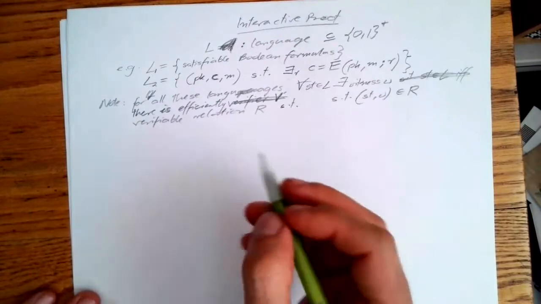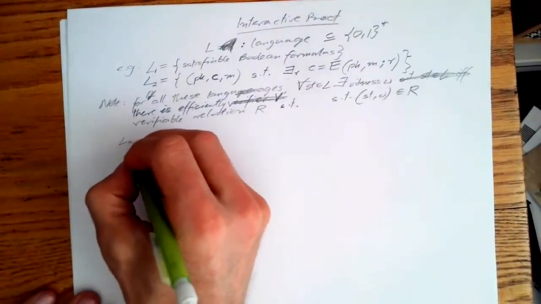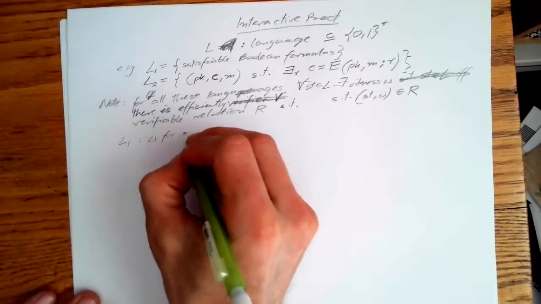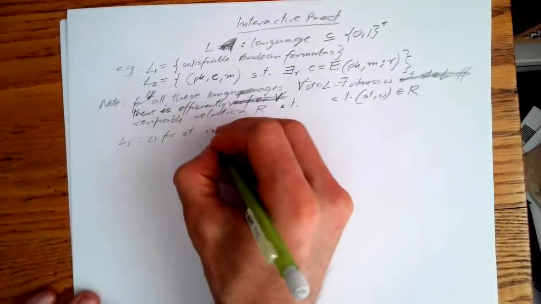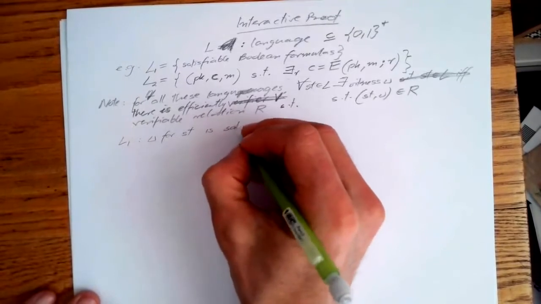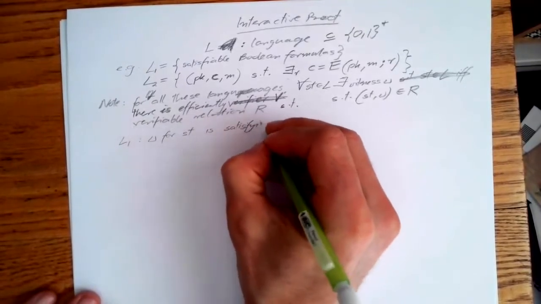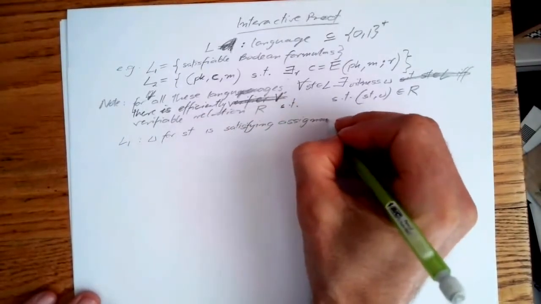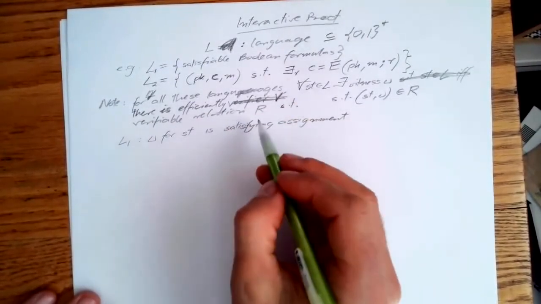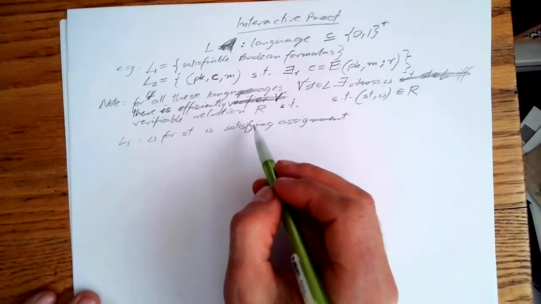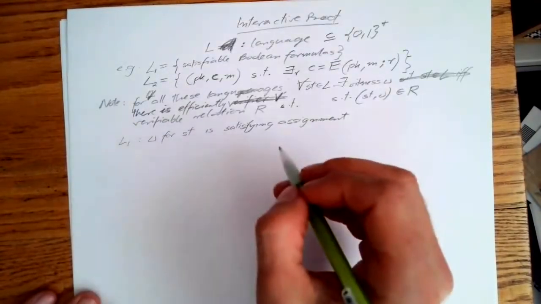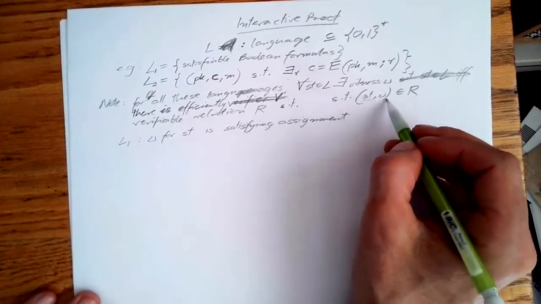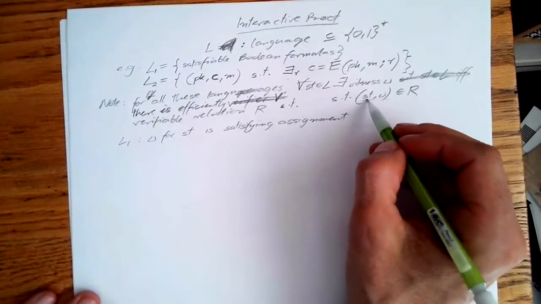In the case of L1, the witness for a statement is a satisfying assignment. The relation is simply a pair of formulas and assignments which satisfy these formulas.